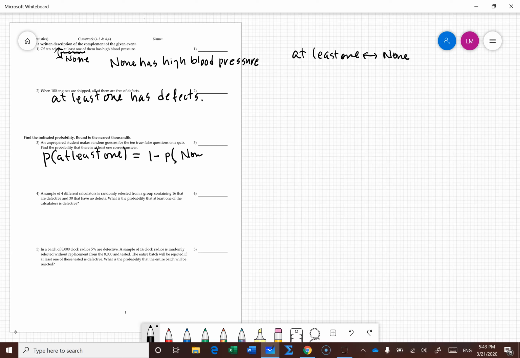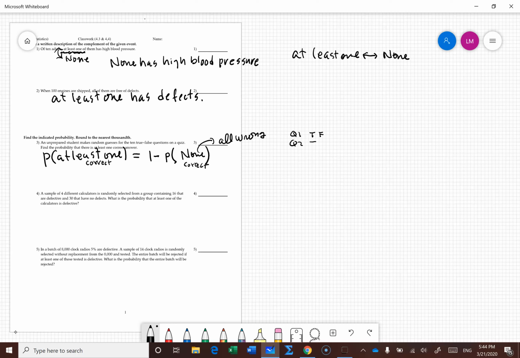So the probability of at least one correct means 1 minus none correct. None correct means all wrong. Think of this one: you have question 1, true false.